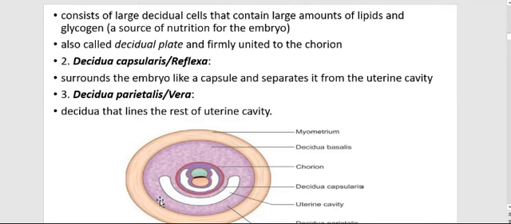And then we have that part of the decidua which just lines the other part of the uterine cavity, and it is further away from the conceptus. This part is called the decidua parietalis.